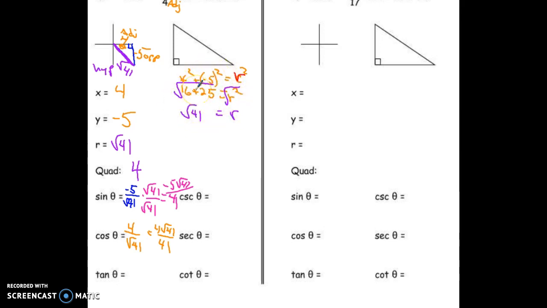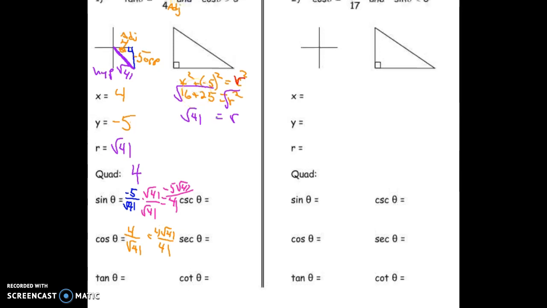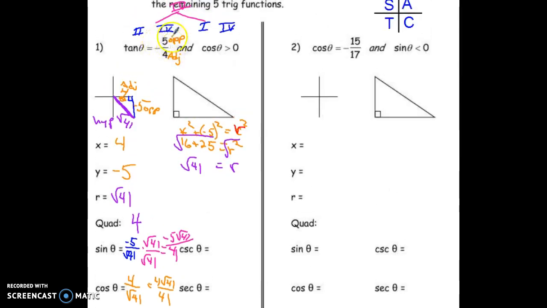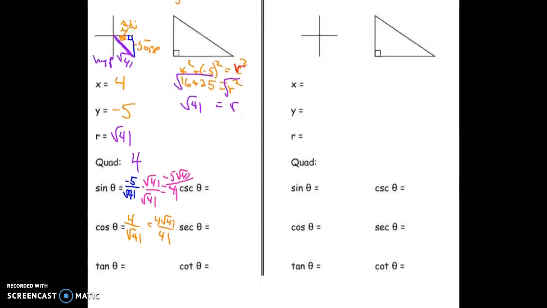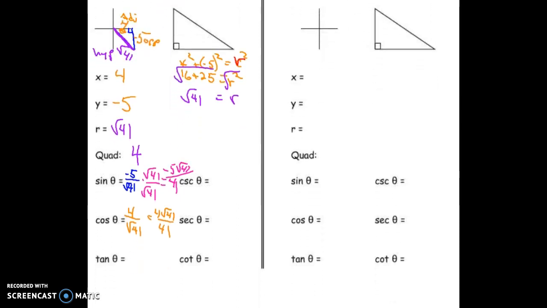And finally, the tangent. Well, they did give us the tangent way back up here, and that's -5/4. So here we go, -5 over 4. To get these three, all you have to do is flip. Well, when I flip this, I get -4/5.